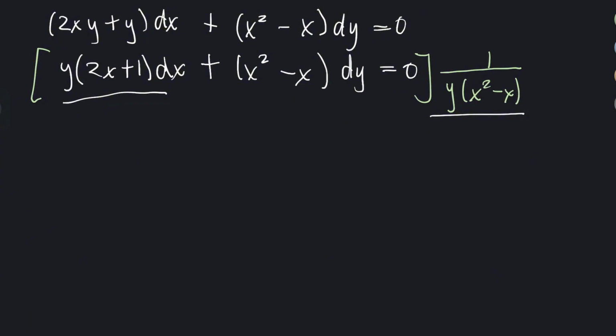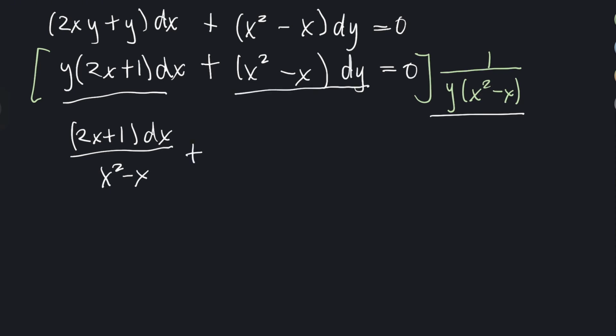If we multiply 1 over y times (x squared minus x) to y times (2x plus 1) dx, the y's will cancel, so we'll be left with (2x plus 1) dx all over x squared minus x. Then let's multiply it to the next term, so we'll be left with dy over y. And if we multiply it to 0, that's still 0.